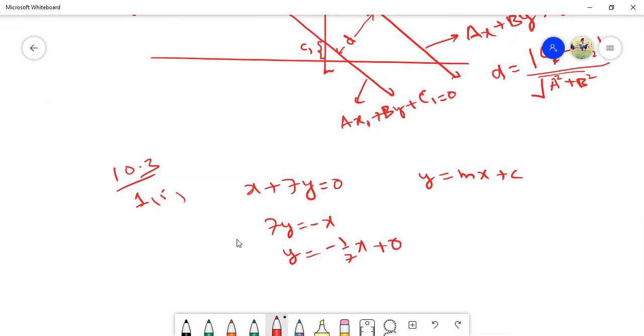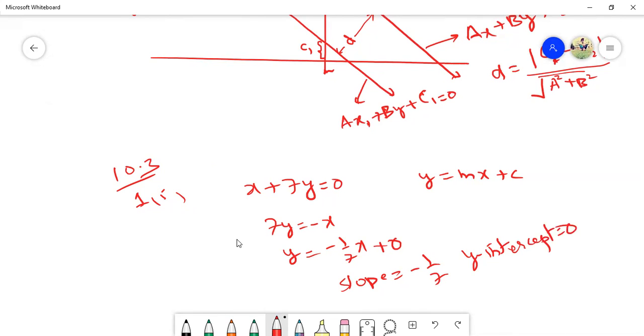So the y intercept is 0. So the slope of this line will be equal to -1/7, and the y intercept is 0.